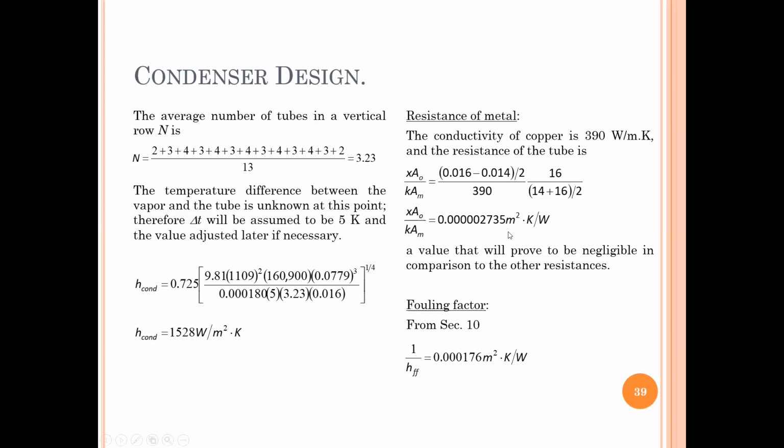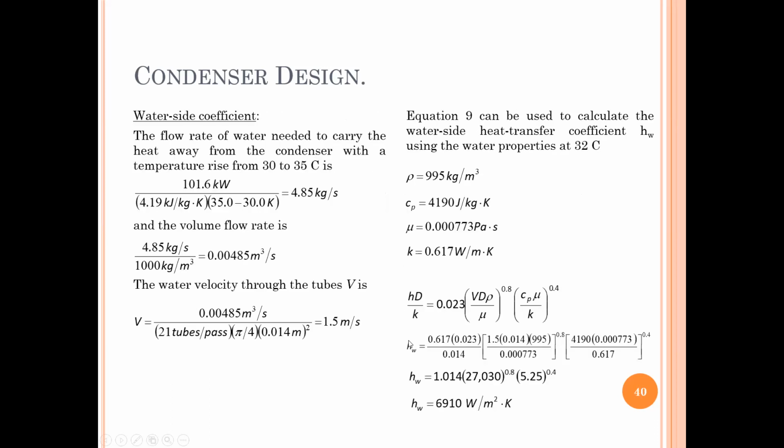So, a value that will prove to be negligible in comparison with other resistance. Fouling factor is, section 10, 1 over h sub FF is 0.0000176. So, mas maliit pa rin to. So, maneneglect talaga.